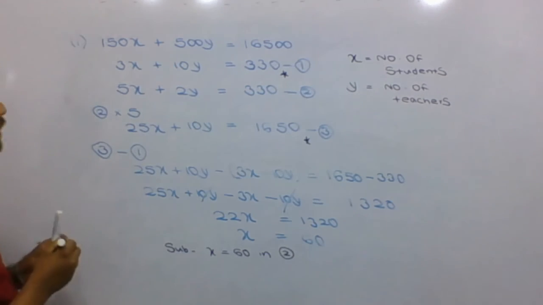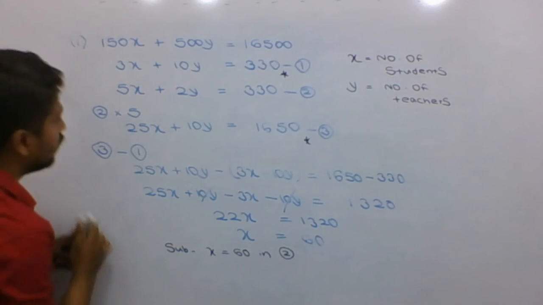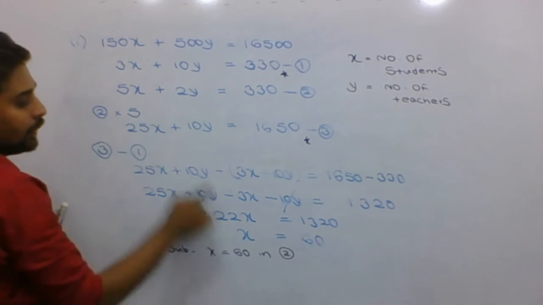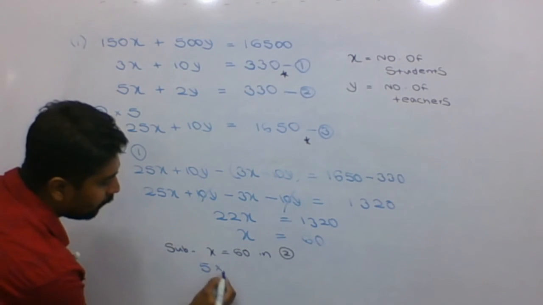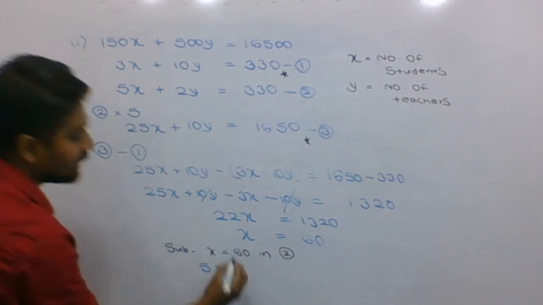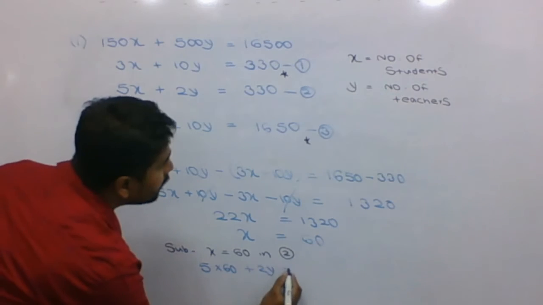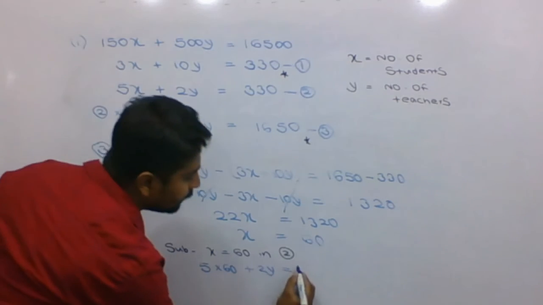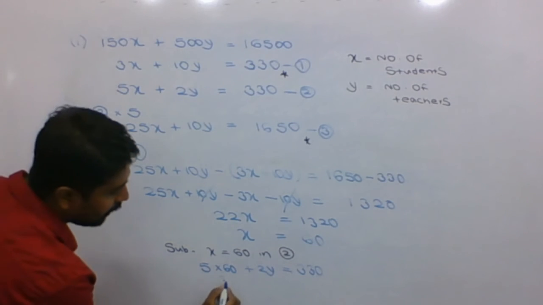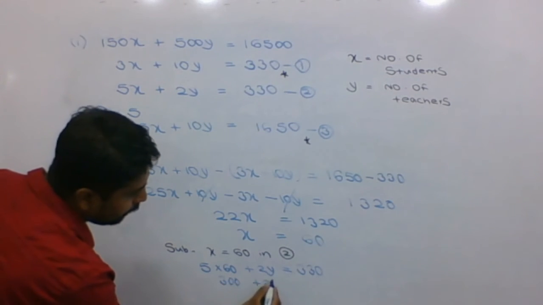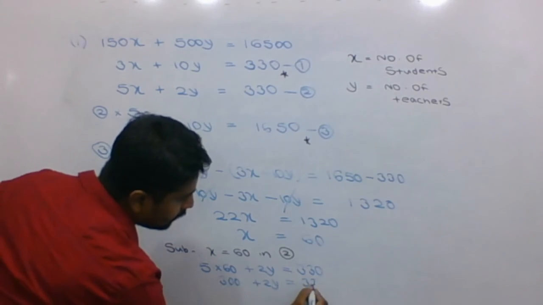So when you substitute x equals 60, we get 5x, that means 5 into 60, plus 2y equals 330. Then this becomes 300 plus 2y equals 330.